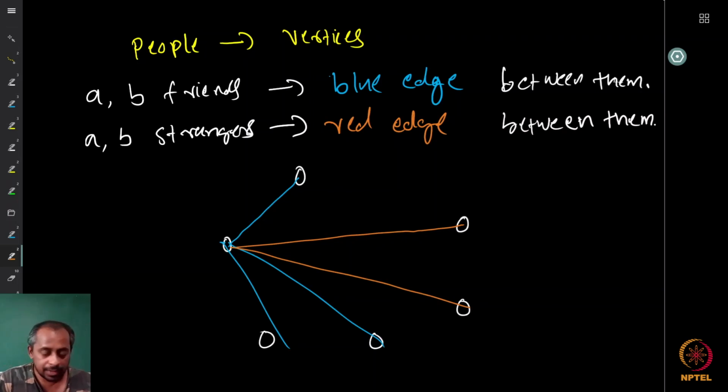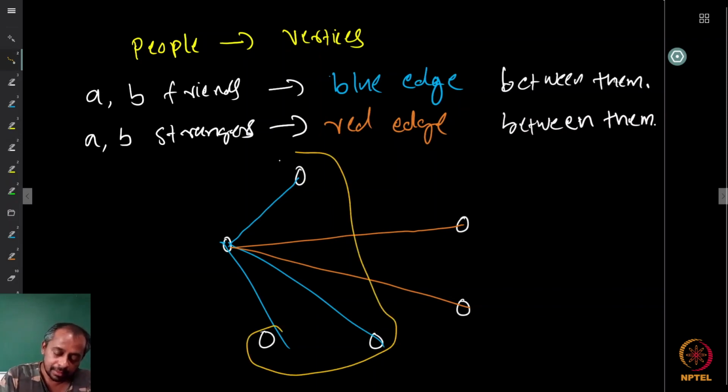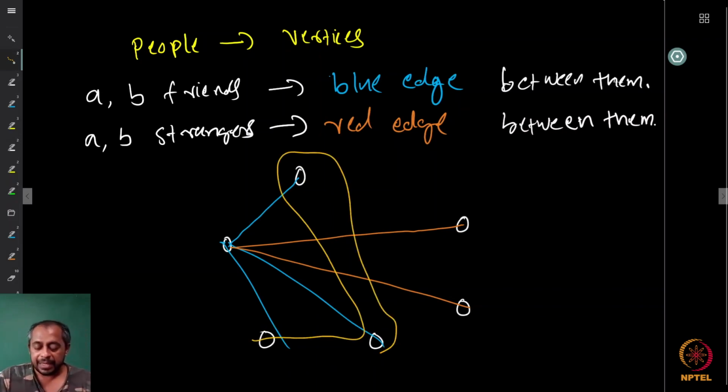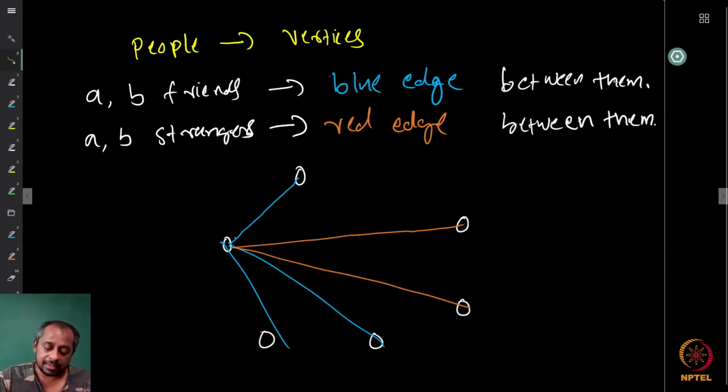They are either friends or not friends, so 3 of them must be of the same color. Let's say that 3 of them are friends. Maybe all of them are friends, that's okay, but we just want at least 3. So now we know that at least 3 have the same relation with this person.